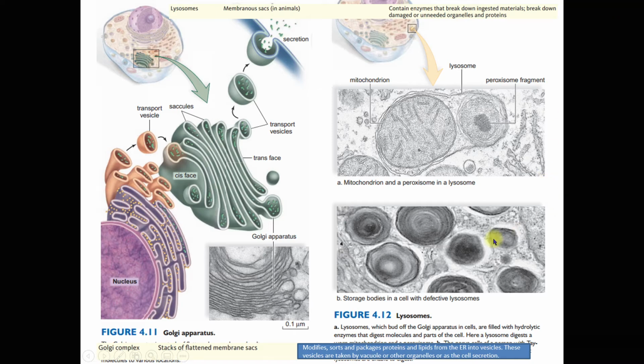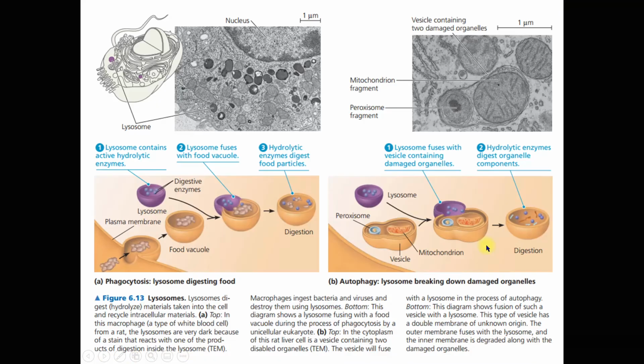Now we are going to discuss further functions of the lysosome. The lysosome can be involved in phagocytosis as well as autophagy. The difference between these two is that in phagocytosis, the lysosome will fuse with incoming food particles in the form of a food vacuole, and usually these are from outside the cell. One simple example is a pathogen or bacteria that enters and is invaginated into the cell.